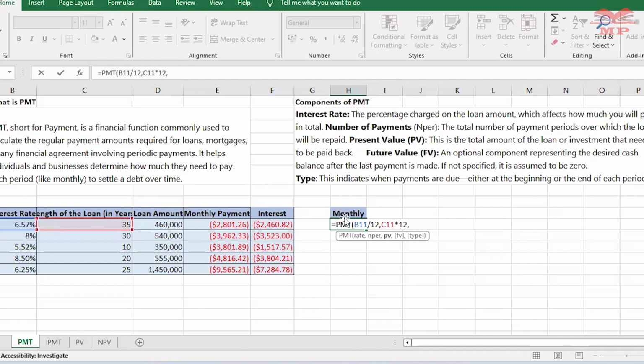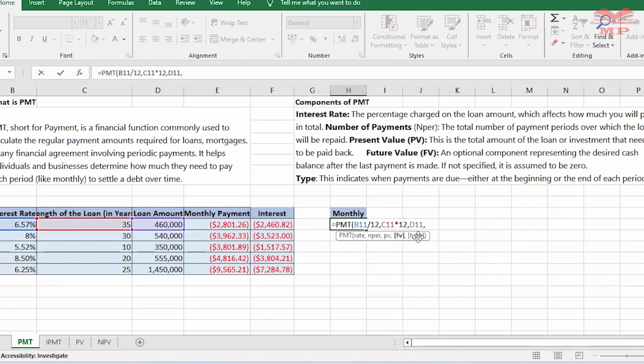Then present value, PV, is the total amount of the loan, the current value of that loan. In this case, the loan amount was this. Then there are some optional arguments here, like future value and type. Type refers to whether you're paying at the beginning of the month or at the end of the month.